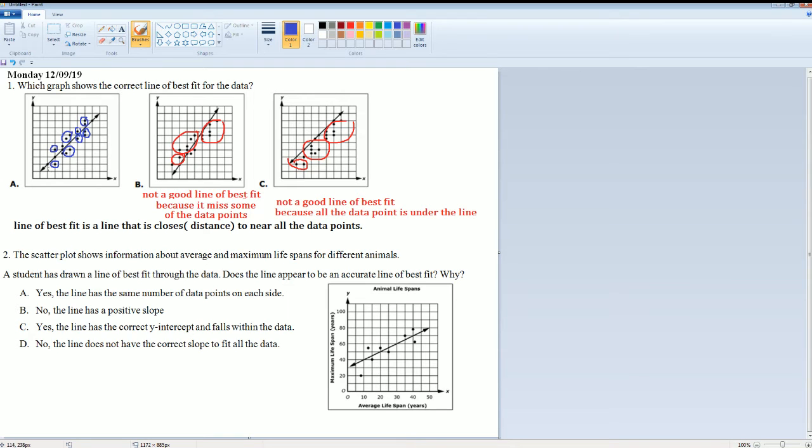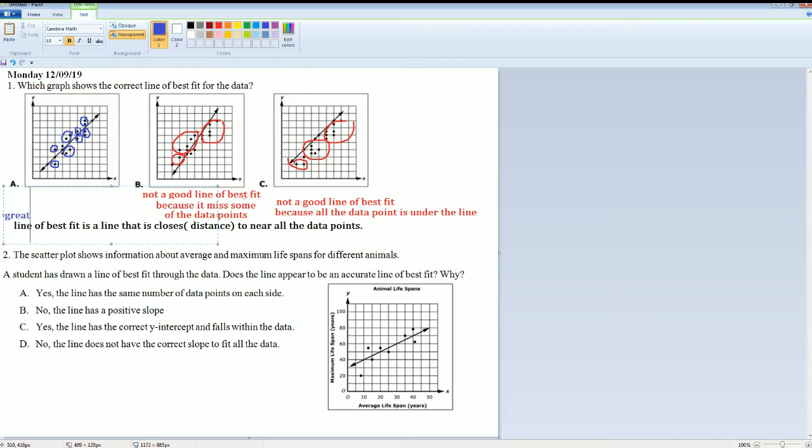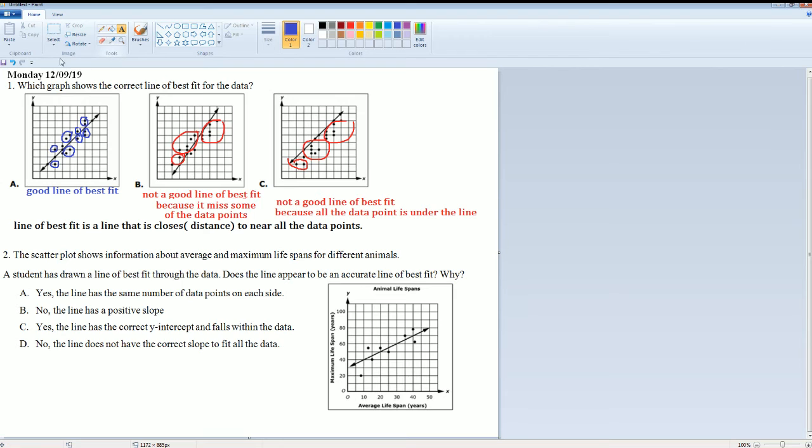The distance really just goes to 0 because the overestimates and underestimates all cancel each other out. So we would say this is a great line of best fit.